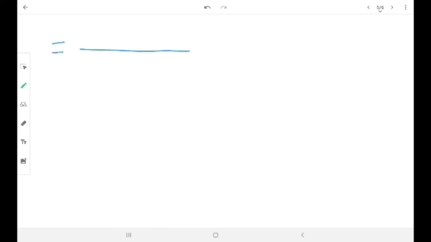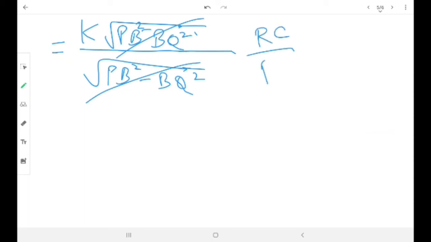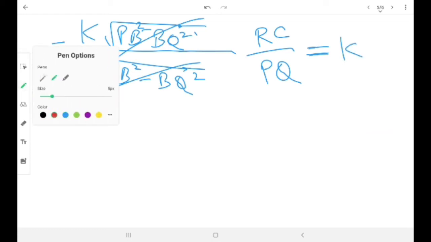Root of K square will become K, into root of PB square minus BQ square divided by root of PB square minus BQ square. The numerator and the denominator are the same, so we cancel. RC by PQ will become K. Mark this equation as 2.